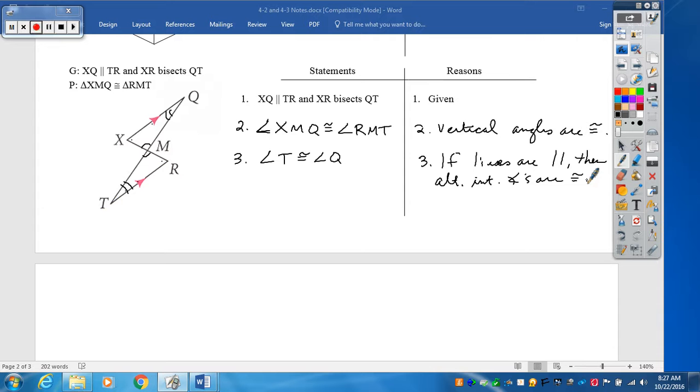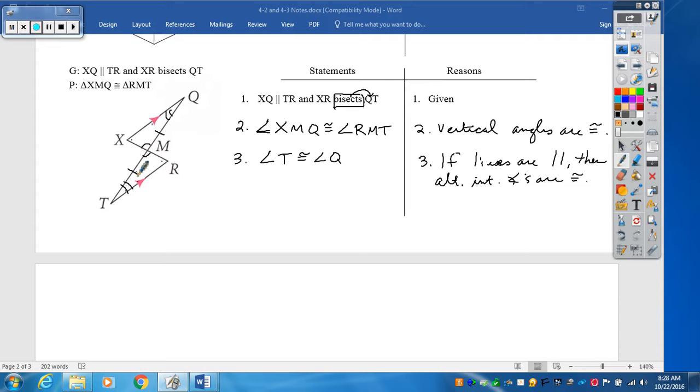Well, we are bisecting this segment right here, QT. So what's the result going to be? Well, when we bisected an angle, we had two congruent angles. When we bisected a segment, we have two congruent segments. So if XR, this segment here, cuts in half this segment here, I hope you're thinking this segment has to be congruent to this segment.